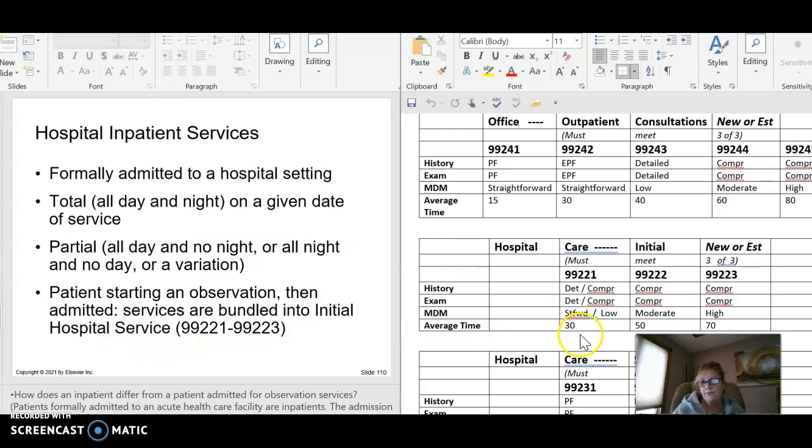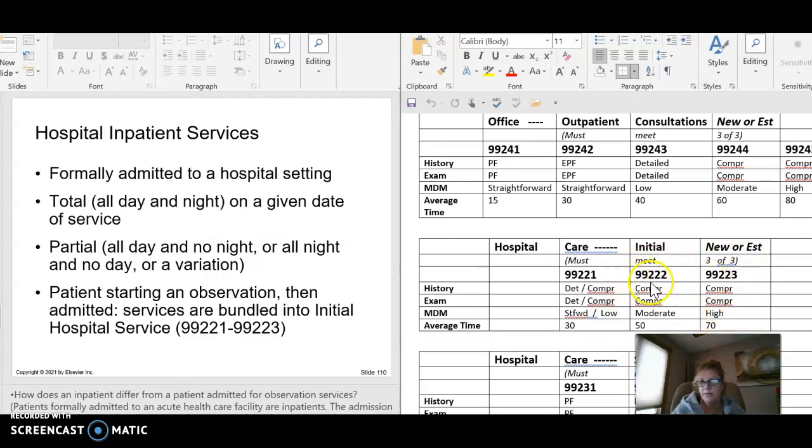If you start off with chest pain in observation and 5 hours later get admitted to the hospital, you're not going to code an initial observation and then code an initial hospital care. You're only going to code the initial hospital service. These need 3 out of 3 key components.